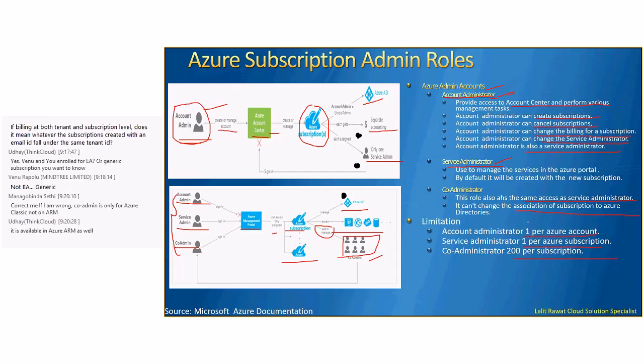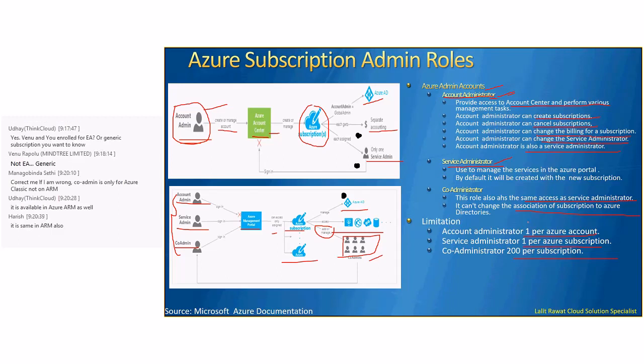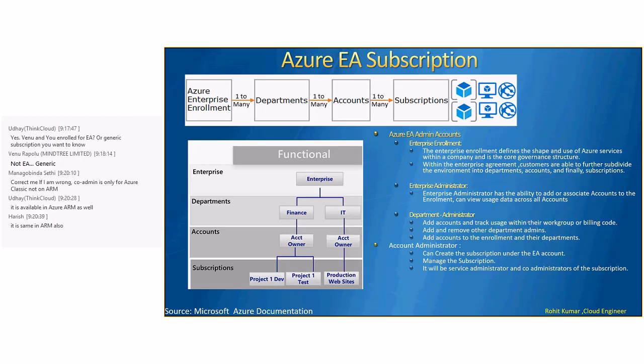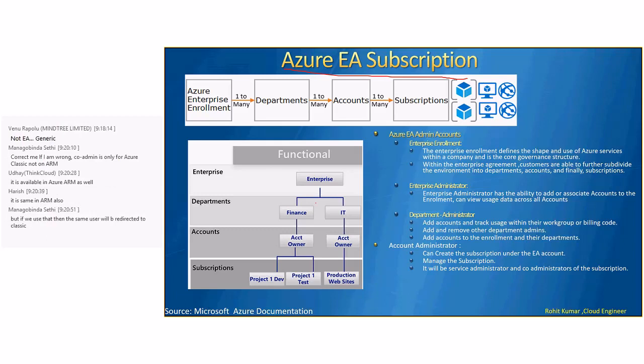Okay, so let's move down to the next slides, and now we are talking about what is Azure EA subscription. Basically, EA subscription is an enterprise subscription level where you are segregating things within your enterprise enrollment.